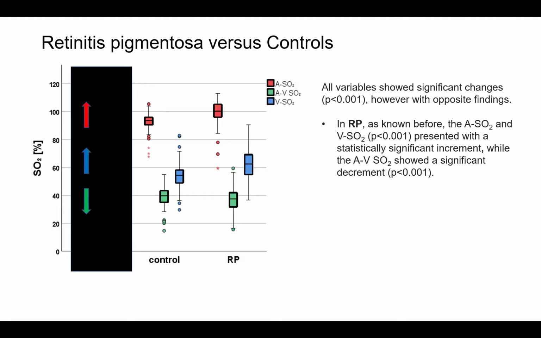And as expected, we found that oxygenation is higher in the retina of retinitis pigmentosa in both arteries and veins, while the oxygen consumption is lower. And it's lower because there are less photoreceptors consuming oxygen. And because of this, the oxygen in the retina is higher, because the choroid keeps distributing oxygen to the retina.